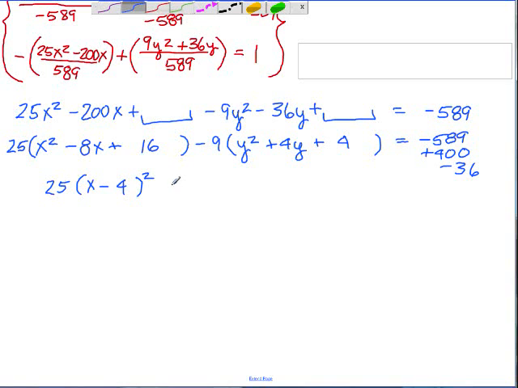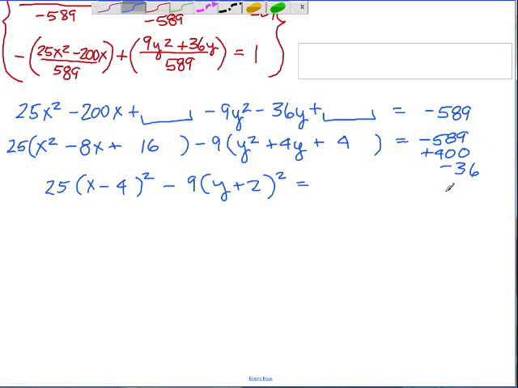True? And then here we've got y. And all of that is equal to, what happens when I put this all together?